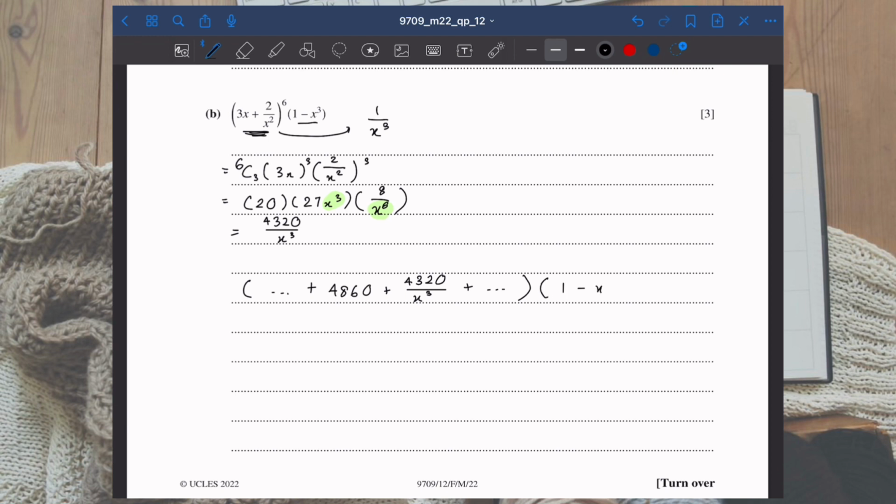So times (1 − x³). 4860 times 1 will be 4860, and 4320 over x³ times negative x³ will get negative 4320. So 4860 minus 4320 will get 540. So this is your term independent of x in this expansion.